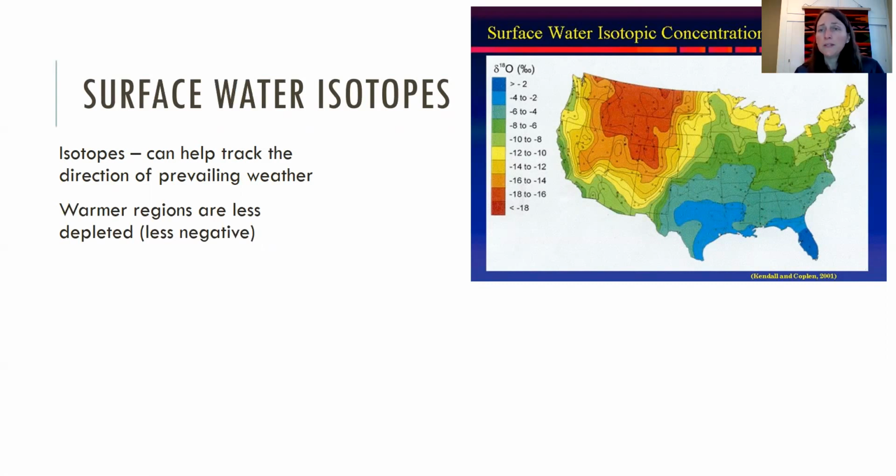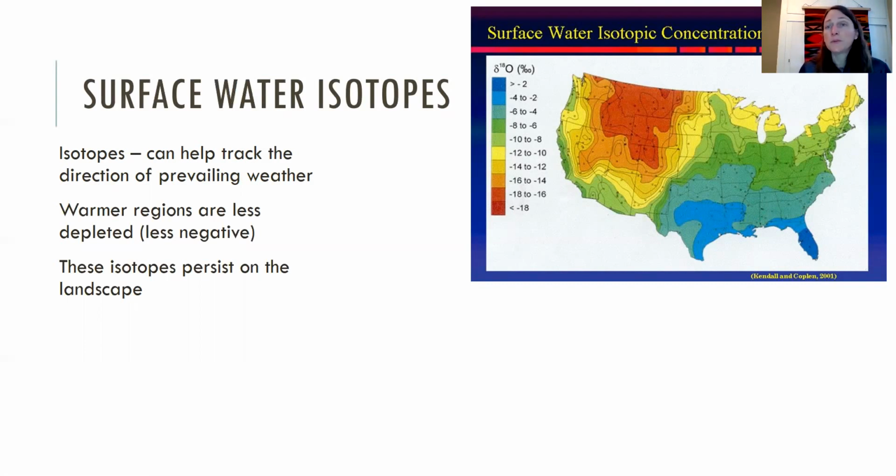What was really cool about this is that if you just took some surface water from a stream and ran it through an isotope ratio mass spectrometer, we could predict where it came from based on this map, right? Warmer regions tend to be less depleted, less negative. So the bluer, warmer, greener colors are less negative than the colder northern parts of the country.